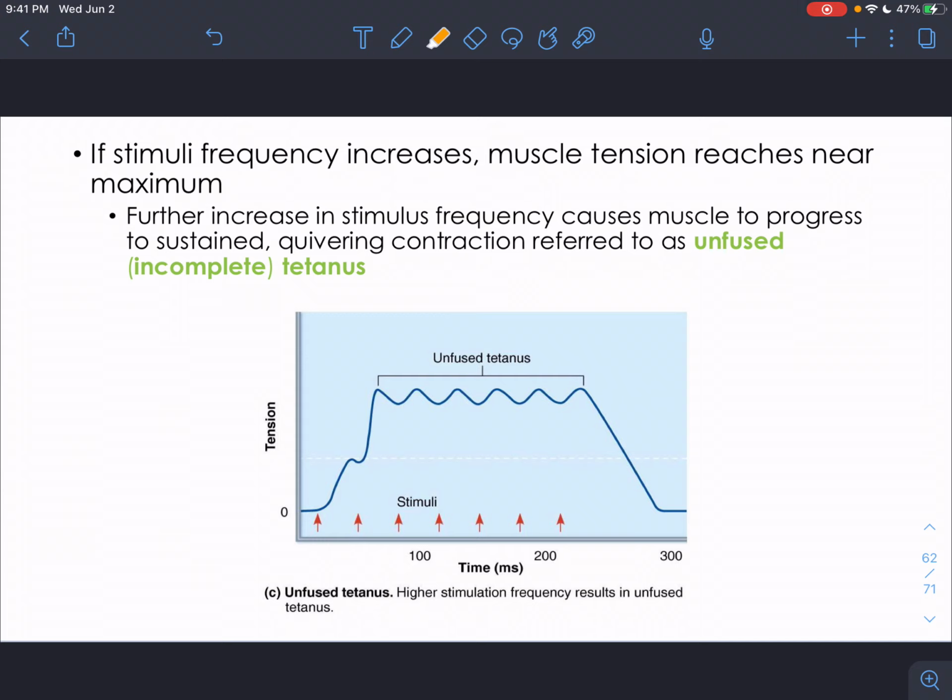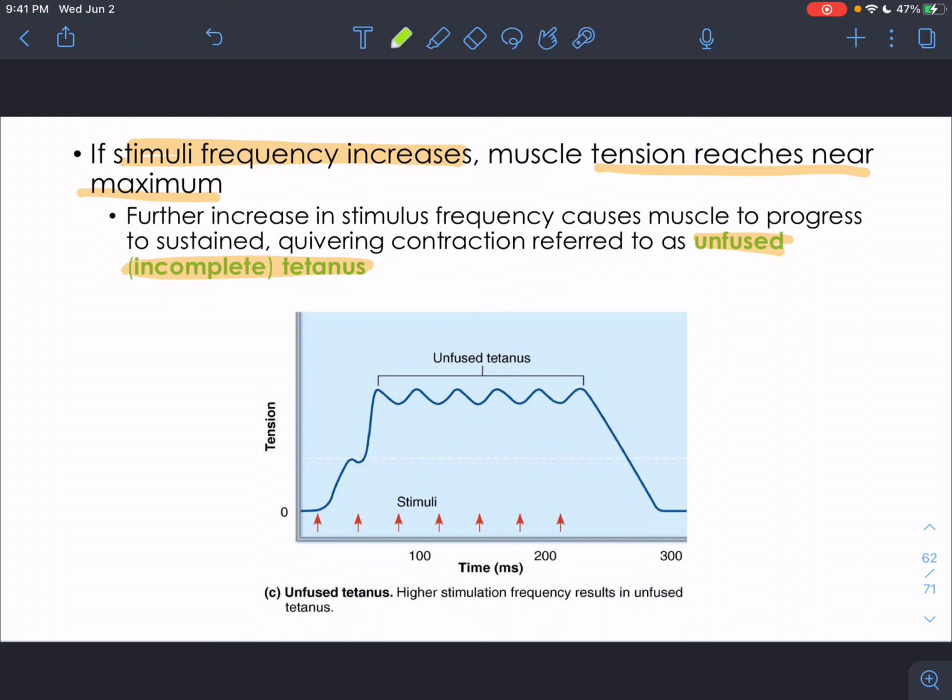If the stimuli frequency increases even more, the muscle tension ultimately reaches near maximum. Okay, so what we end up with is unfused or incomplete tetanus.